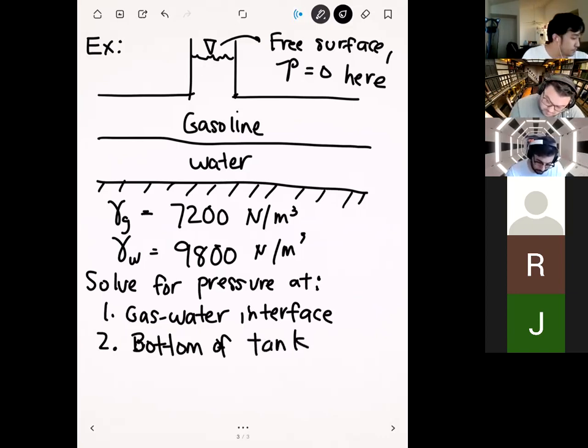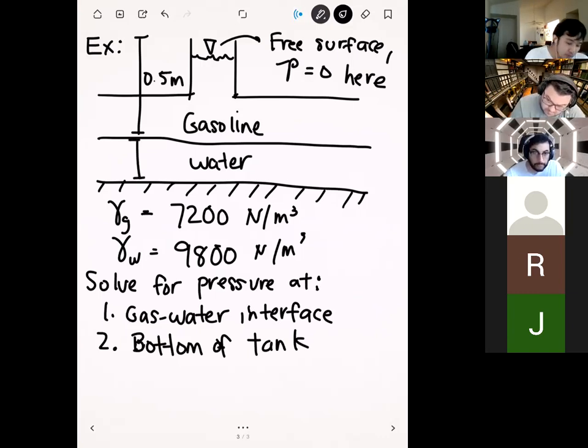And the way that we're going to do that is we're going to use the formulas that we had on the previous page. Oh, and we also need to know the height differences. So this height right here will be 0.5 meters.